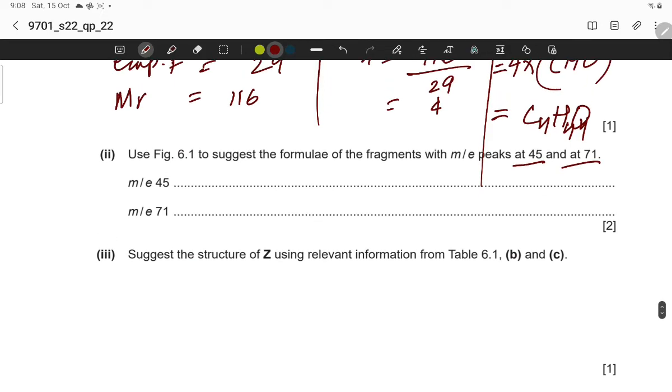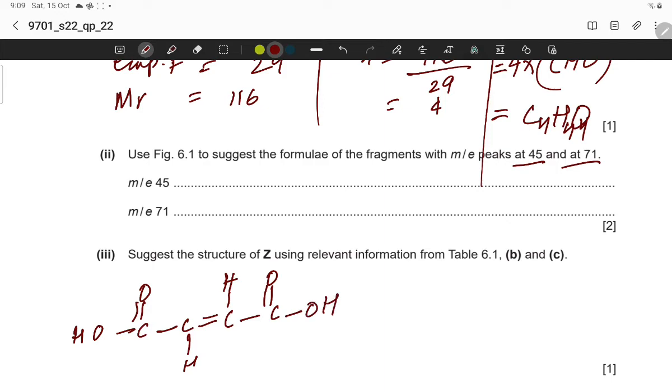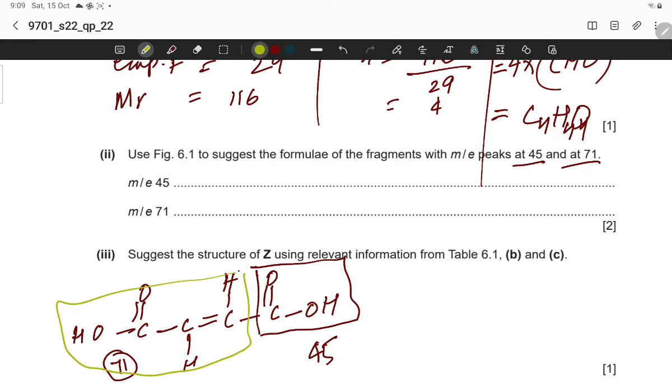So this is C4H4O4, meaning OH, C double bond O, CH double bond CH and C double bond O. So if we take COOH, we know that this is the 45 and the rest is 71. This is equal to 71.